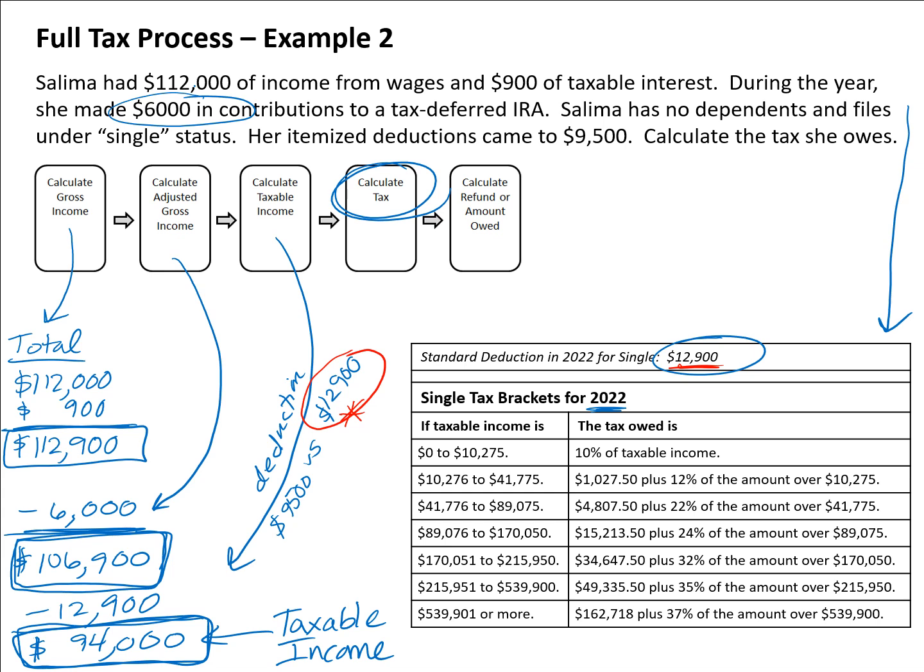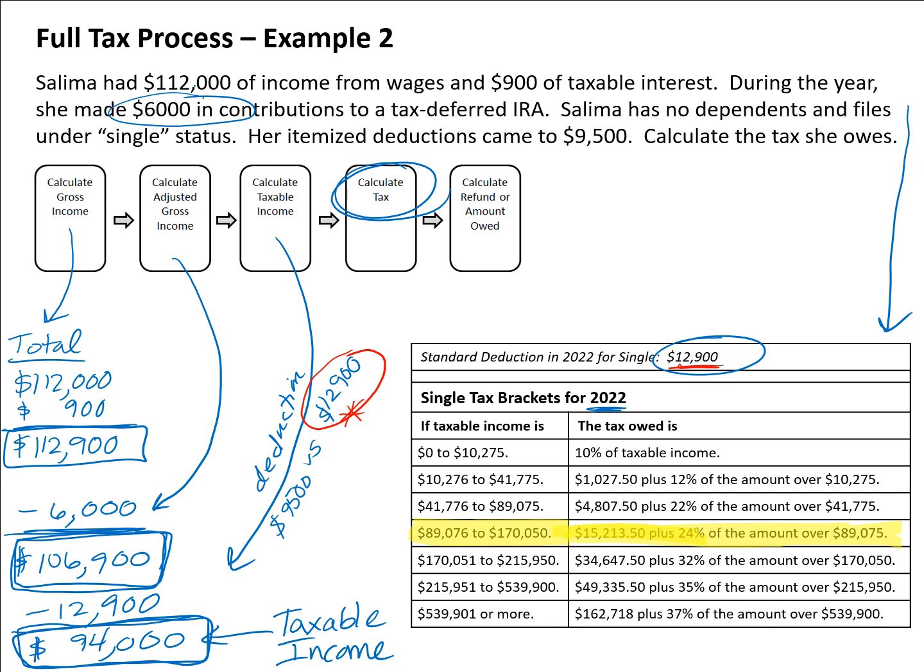So look for that income of $94,000 in the first column of the tax table. So $94,000 would actually be between $89,000 and $170,000. So looking across in the table, we get a formula for calculating Salima's tax.